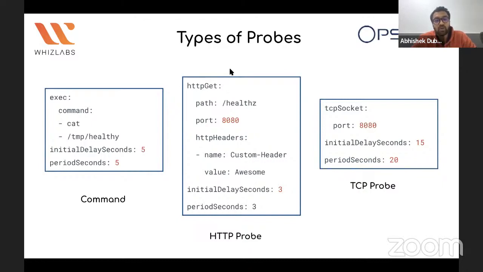The Liveness Probe is more about: the pod is ready now, it is serving the traffic, but is it healthy throughout the time? For example, the pod is ready now, but after 5 minutes or 10 minutes, it could happen that it is not responding. In that case, I need a mechanism through which I can see if this pod is live to serve the traffic or not. So there the Liveness Probe will come into the picture, where it will check the liveness of the application.